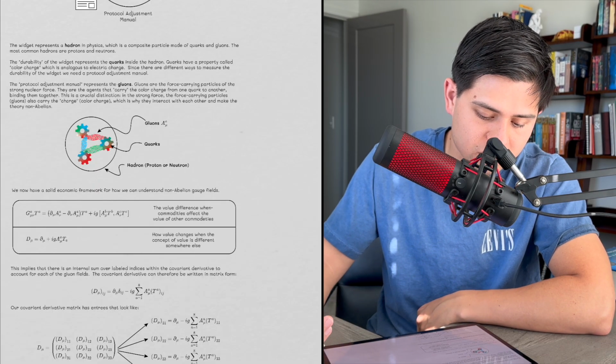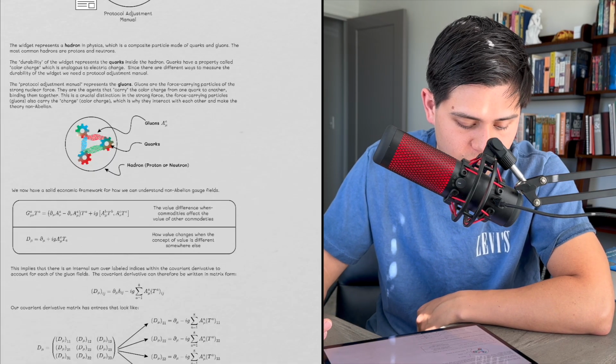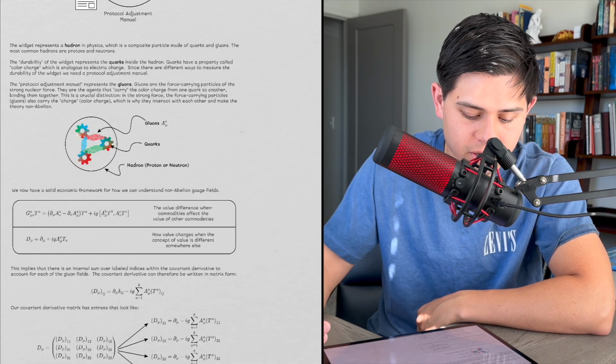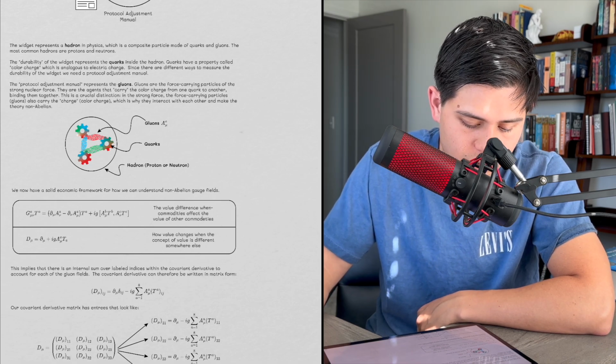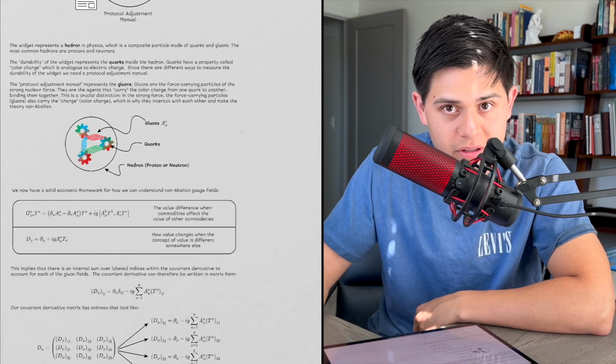This is a crucial distinction. In the strong force, the force-carrying particles, which are gluons, also carry color charge, which is why they interact with each other and make the theory non-abelian.